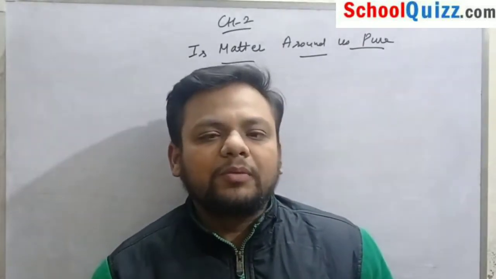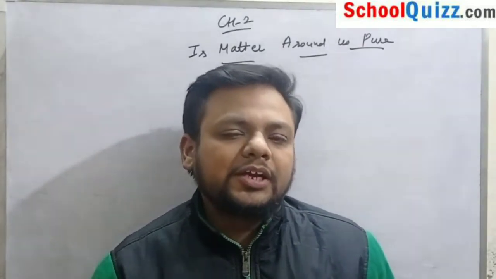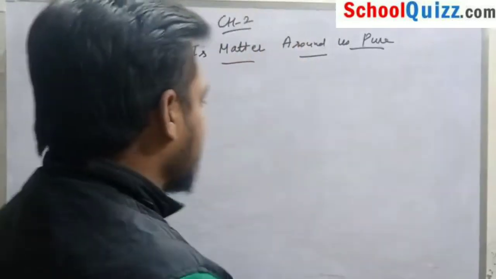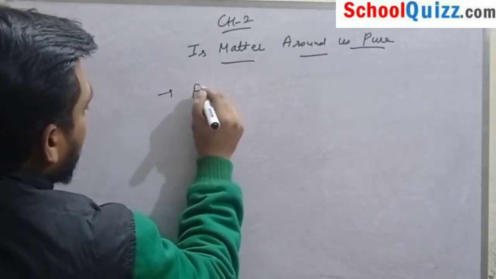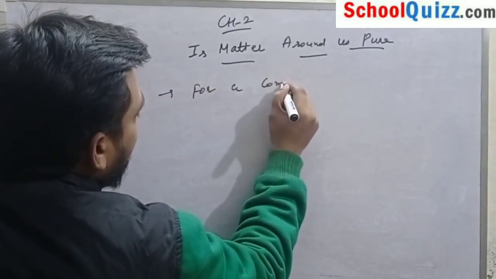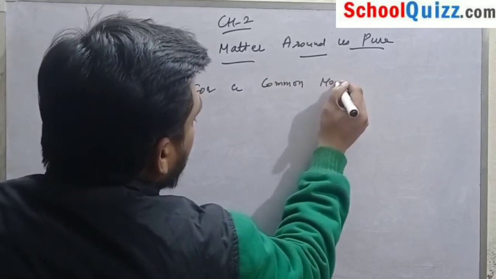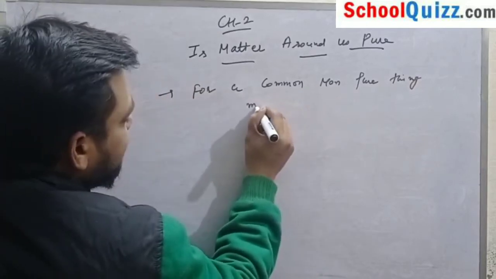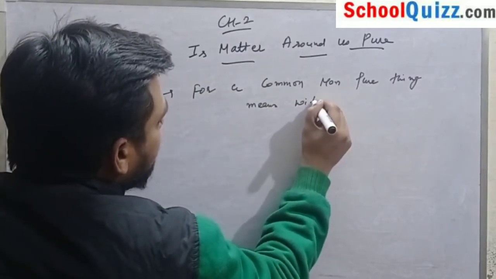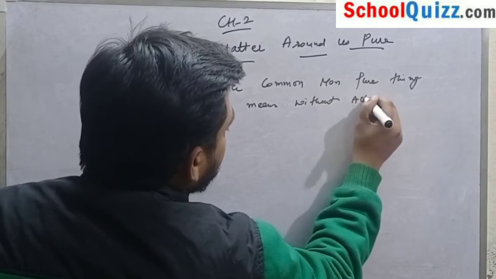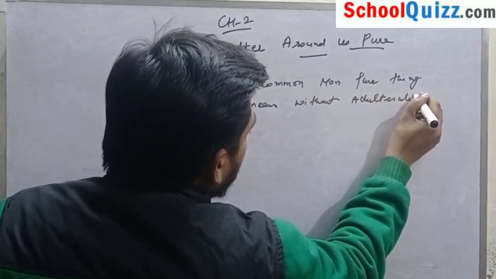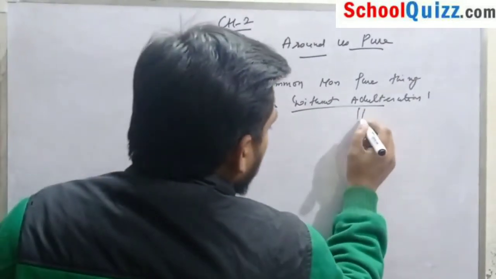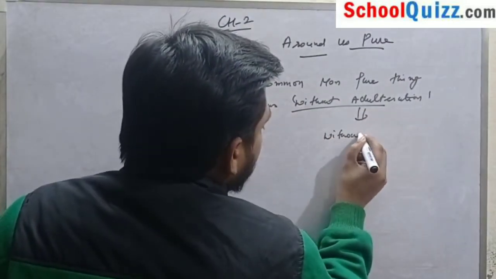As you know, for a common man, a pure thing means without any adulteration. Adulteration means mixing, so pure means without mixing.